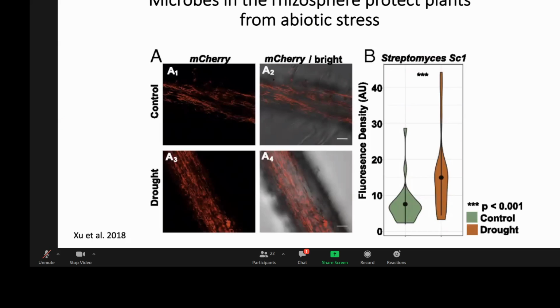So you see that enrichment present in drought conditions. And then perhaps most importantly, Streptomyces is able to control the growth of pathogenic bacteria, right? So it's able to outcompete pathogenic bacteria, so plants are not susceptible to them, particularly when they're in these stressful environments.